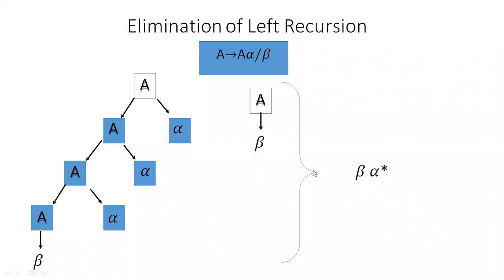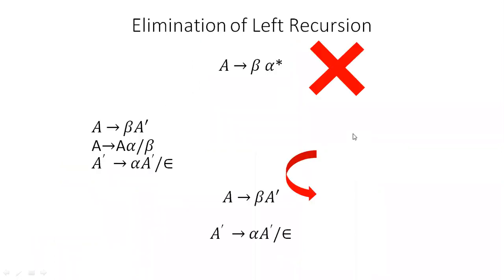So finally, with an input sentence like beta alpha star, we are defining this, right? Beta alpha star has a major problem: entering the top-down parsing into an infinite loop.